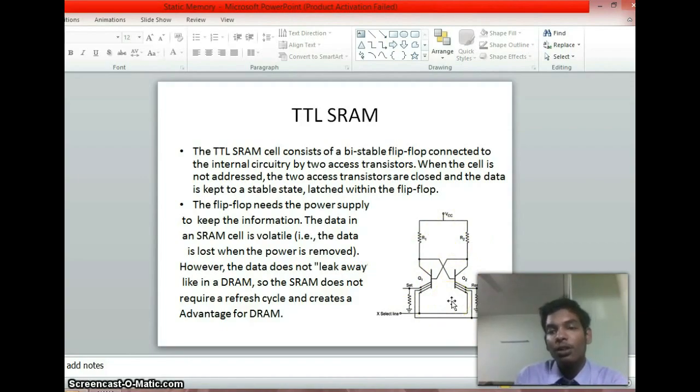As the flip-flop needs power supply to keep the information, the data in the RAM cell is volatile, that is, it is lost when power is removed. However, there is no leakage of data like in the DRAM. So the SRAM gives us more security, requires no refresh cycle and creates a better advantage than DRAM.